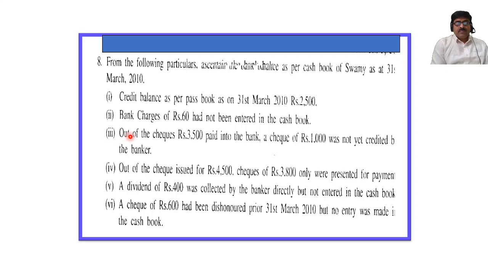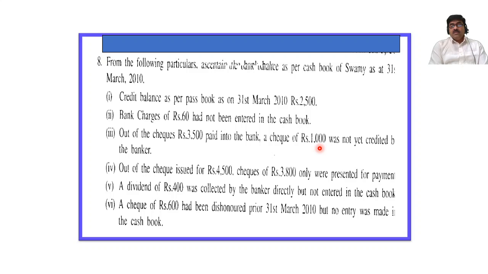Third, out of the checks 3500 paid into the bank, a check of rupees 1000 was not yet credited by the banker. Here, of the total 3500, there is a difference of only 1000. The remaining 2500 was already collected. Only the 1000 check was not credited by the banker. So the difference between the cash book and the passbook is only 1000 rupees.